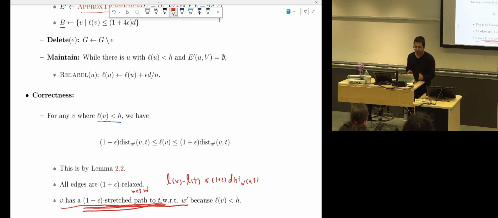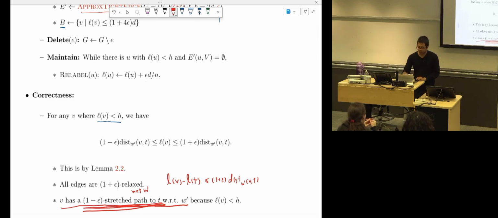Why is that? Because we make sure that the active set for each node is non-empty.